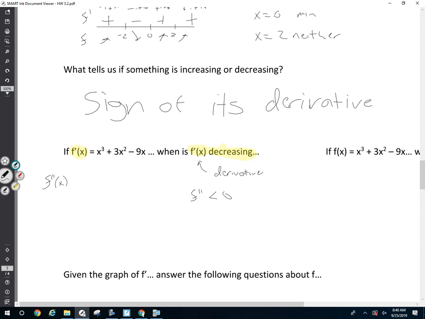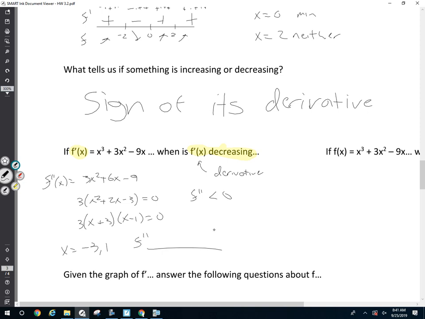See when its derivative is negative. How do you figure out when something's negative? First, find the zeros or see when it's undefined. Factor to find the zeros. Do an analysis of f double prime.